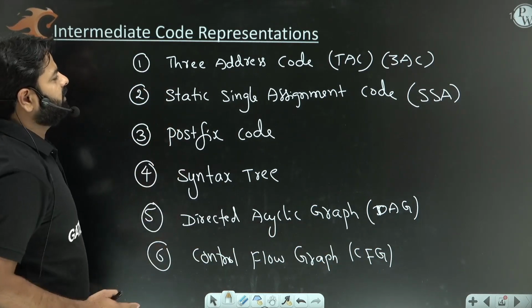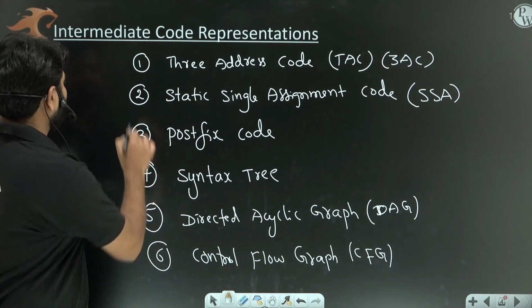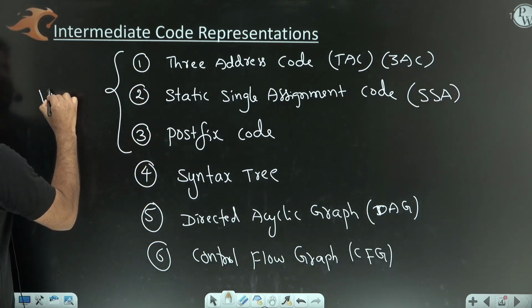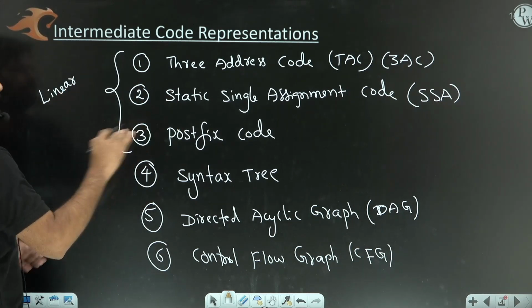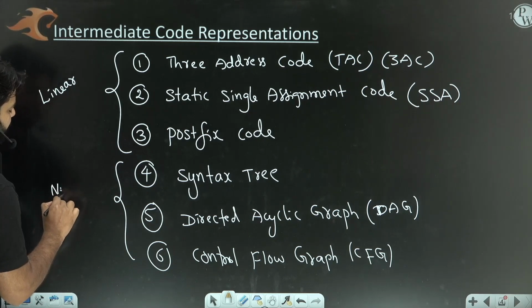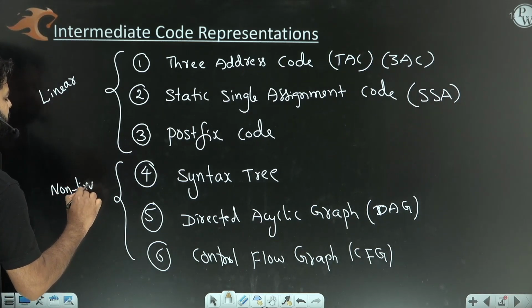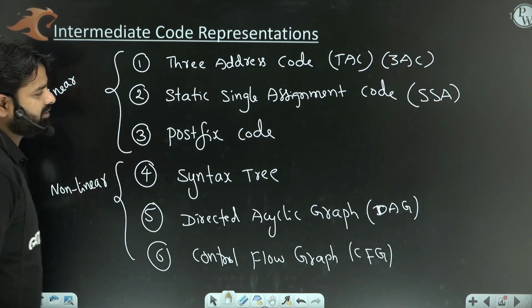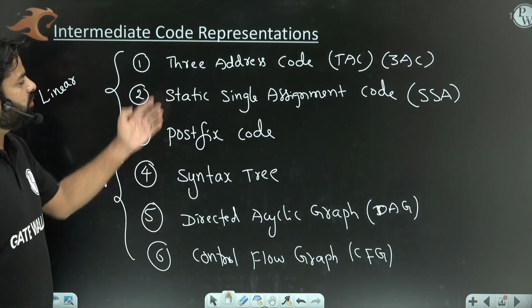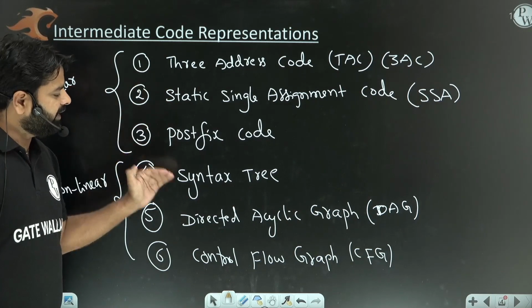Now come to the point, these representations are of 2 types from outside. These are linear, because you write statement by statement, but here you draw the graph, so we call it a non-linear representation, some pictorial or graph representations. Okay. Now what is this 3-address code, how does it look, we are going to learn each one here.